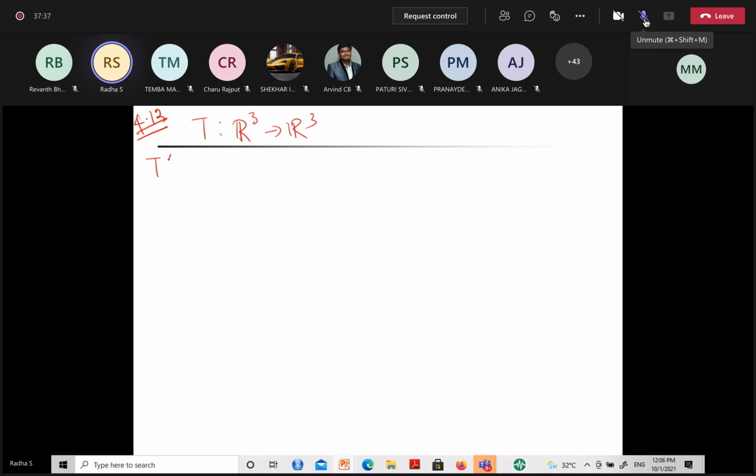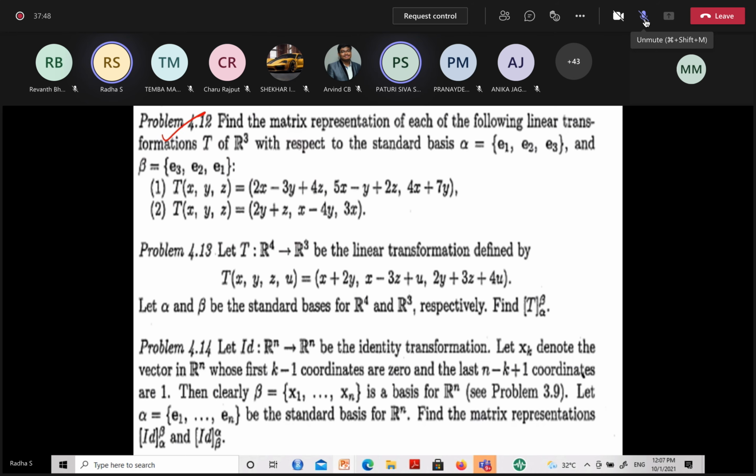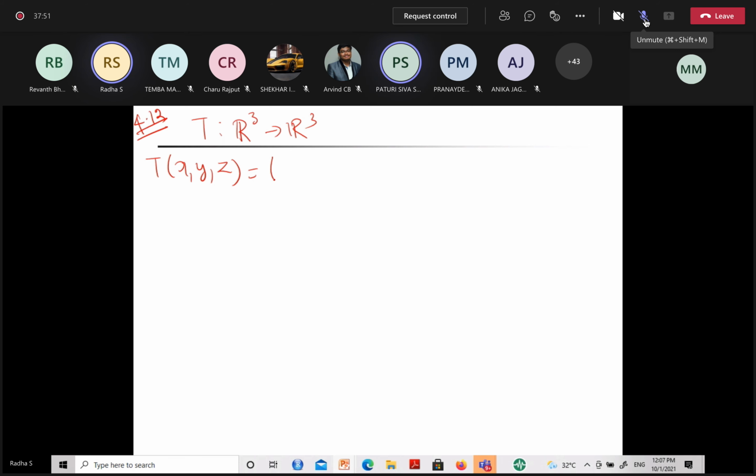So T of (x, y, z), what way have they defined? 2x minus 3y plus 4z, comma, 5x minus y plus 2z, comma, 4x plus 7y. Okay.